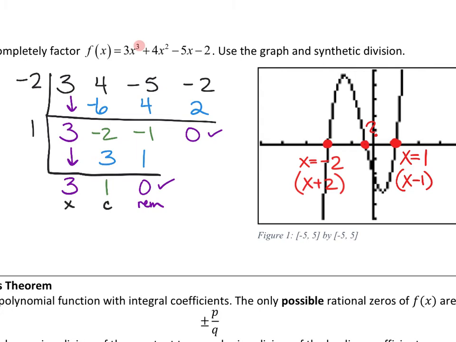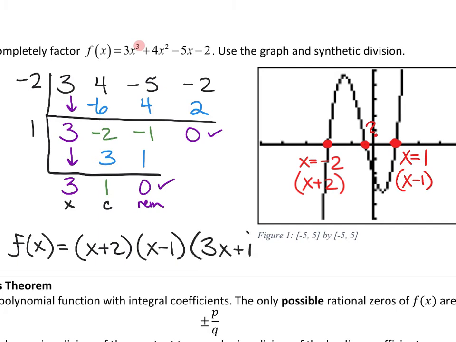This is the x term. So my polynomial fully factors to what we saw on the graph, x plus 2, x minus 1, and what I got out of synthetic division at the end, 3x plus 1. Here's this 3, here's the 1 that I got out of synthetic division, 3 and 1.